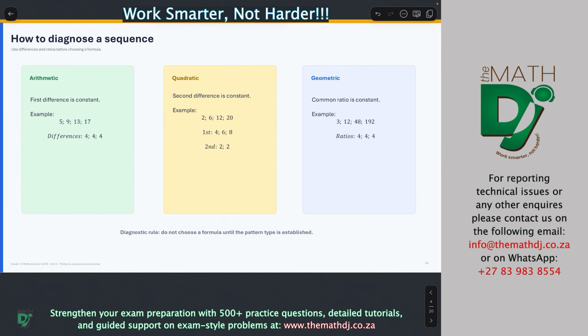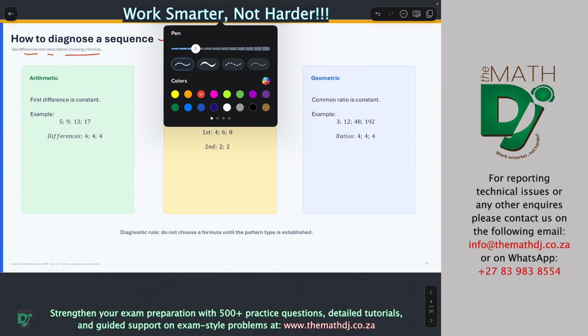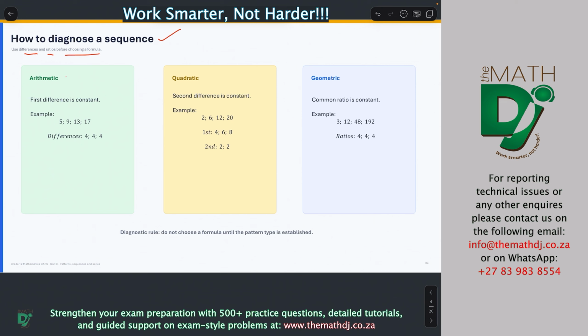So let's move on. How to diagnose a sequence. When you are diagnosing a sequence, use differences and ratios before choosing the formula. In other words, you must be able to know whether it is arithmetic, quadratic, or geometric. If it's arithmetic, the first difference is constant. Let's look at this example. You can see the difference between the numbers in the sequence is 4.